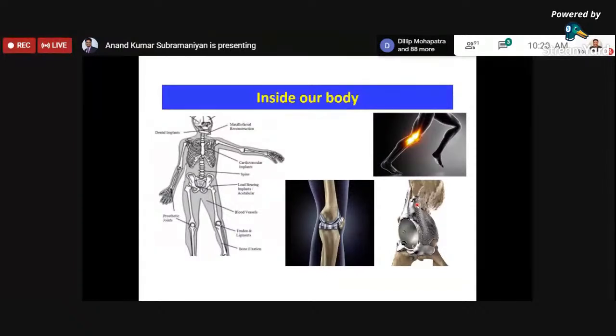When we look at even the implant materials used inside our body, there are lots of implant materials, basically metallic materials like titanium alloys, being used nowadays. They are subjected to a body fluid environment.